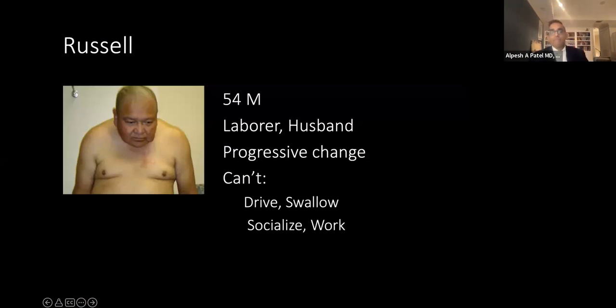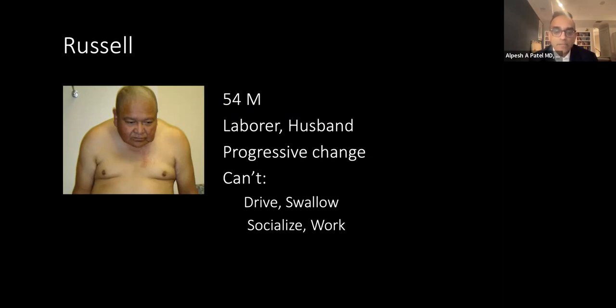Some of the guys that have been on this lecture before will recognize this case, but I think it's one that's really telling in terms of understanding causes and impact of deformity. We'll come back to it as we go through the discussion, but this was a patient of mine relatively early in my career. He was a 54-year-old gentleman, a laborer, who came from one of the reservations in Southern Utah, and was having some progressive troubles.